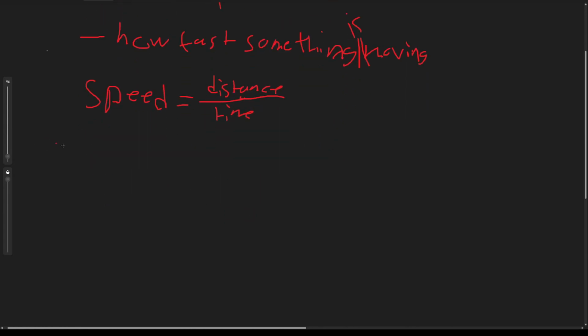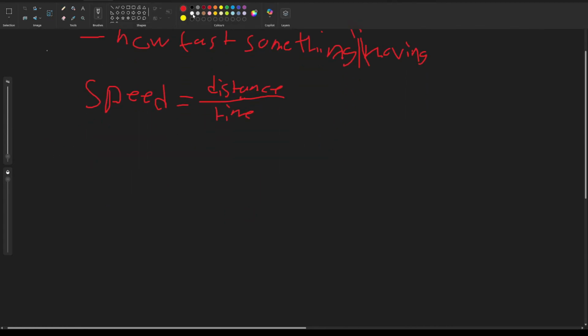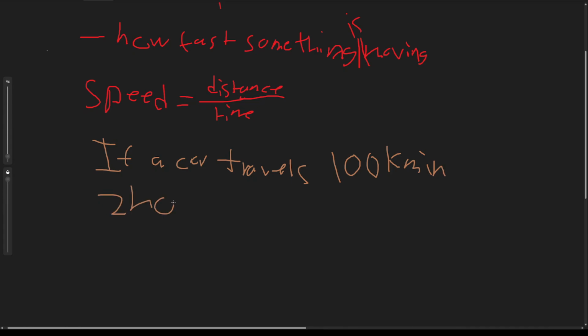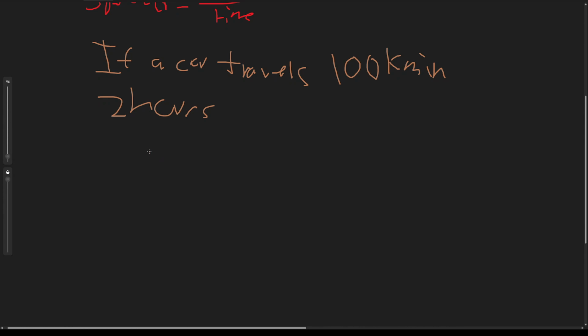So, for example, if a car travels, let's say, 100 kilometers in 2 hours, if we want to calculate its speed, we know speed is equal to distance divided by time.